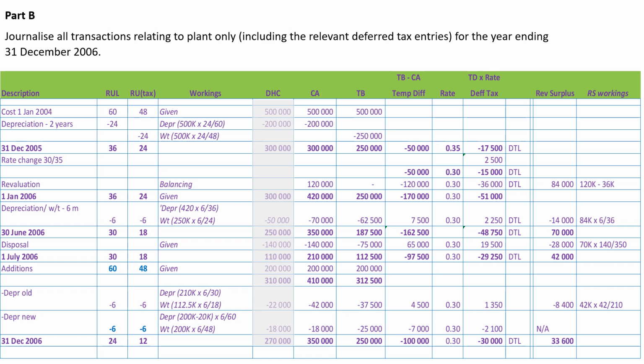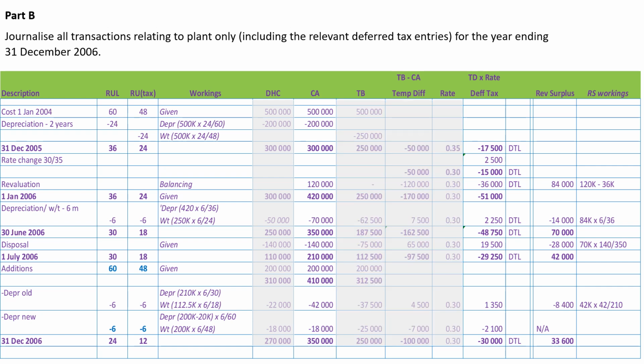So first things first, we will ignore the DHC column since our depreciable historic cost is not journalized or recognized. It is purely used for disclosure purposes, so we ignore this column. We also ignore our temporary differences, our rate, as well as our tax base column.